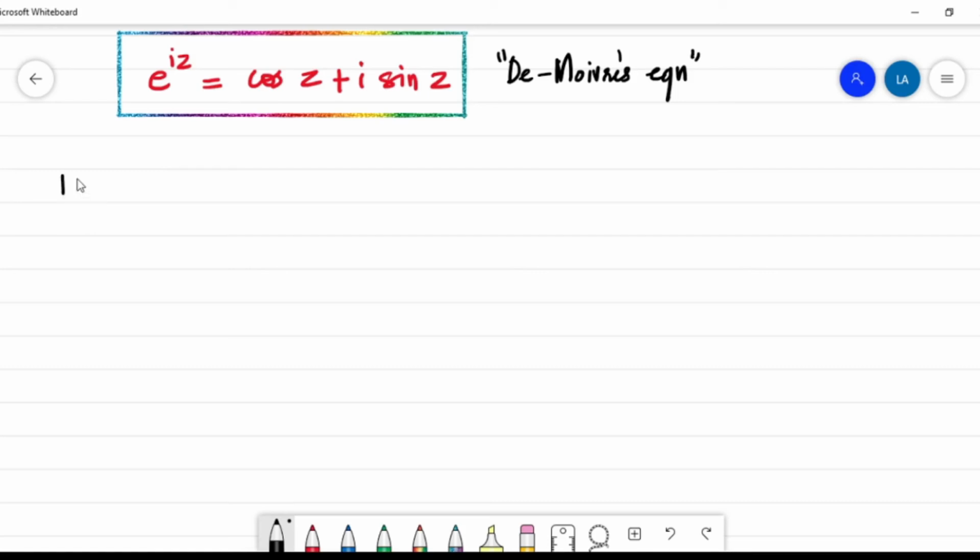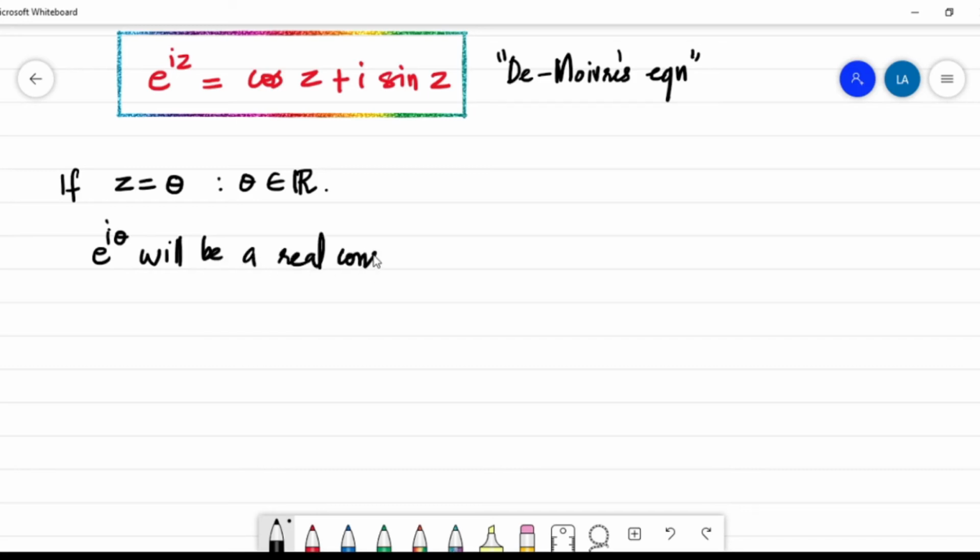Now, if z is a real number, where theta is purely real, then e raised to i theta will be a real constant, right? Real constant in our complex plane.